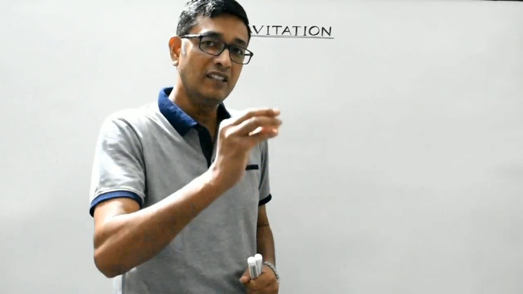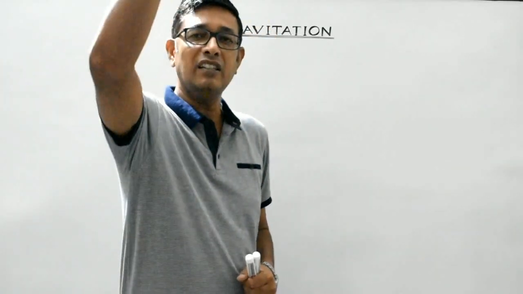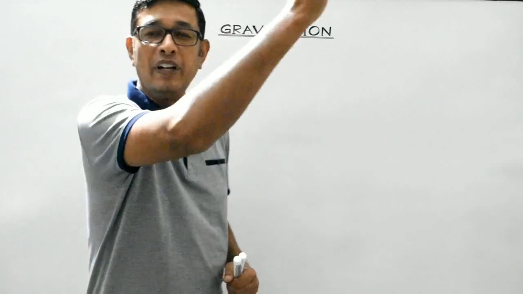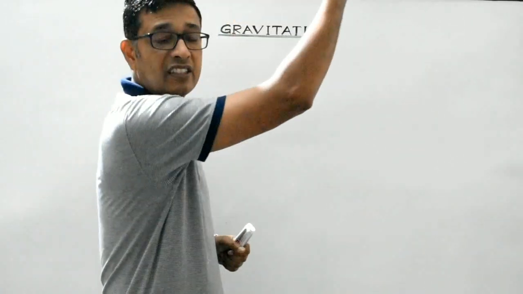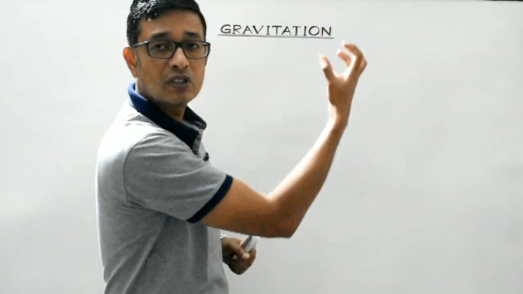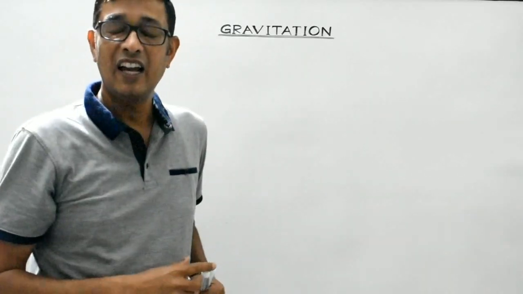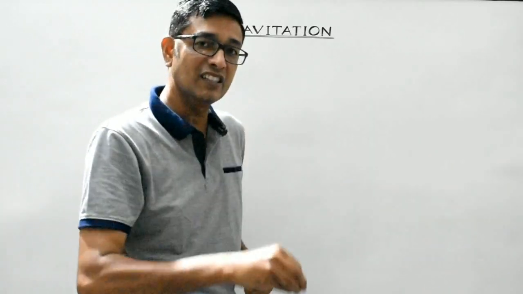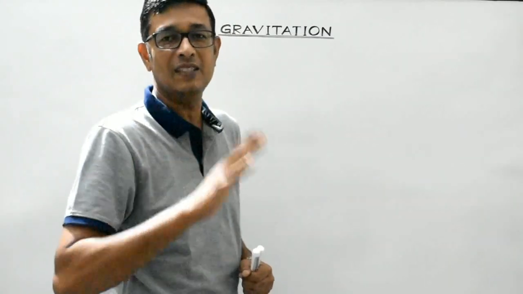As the ball gains height, its speed keeps on decreasing, and eventually at the highest point it momentarily stops, that is, its velocity becomes zero, and thereafter it retraces its path and comes downward. As it comes closer to the earth's surface, its speed keeps on increasing, and at the point when it strikes the earth's surface, the speed of that falling object is maximum.